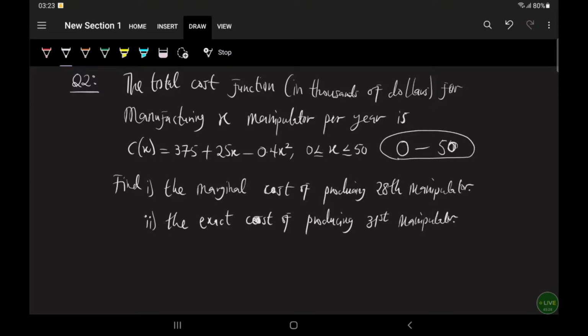Because once you differentiate the cost function, the marginal cost function you're going to have is for just a single what? Output. So whatever you substitute, the idea is that it's a cost of a single what? Product or output. I hope that is clear. So let's take note of that.